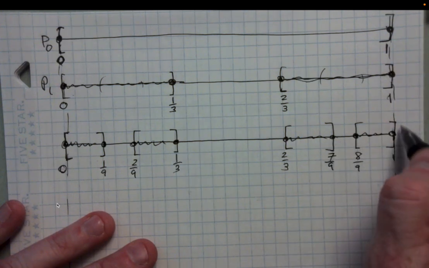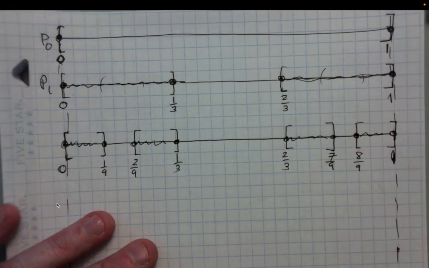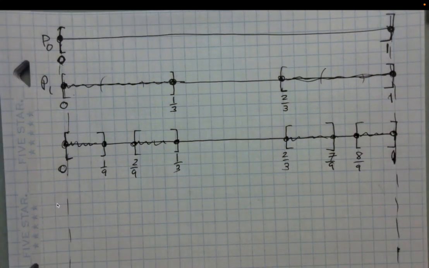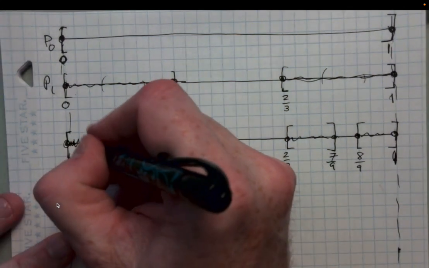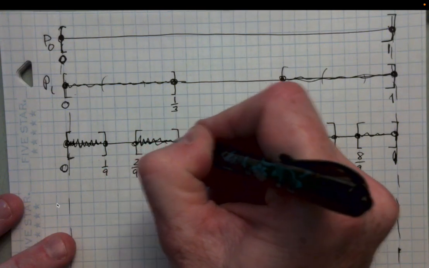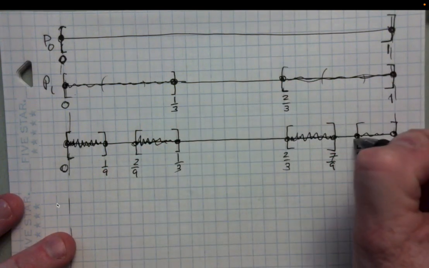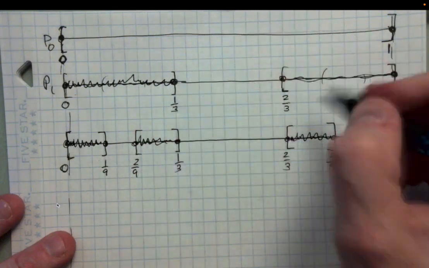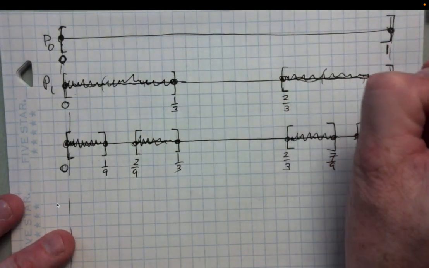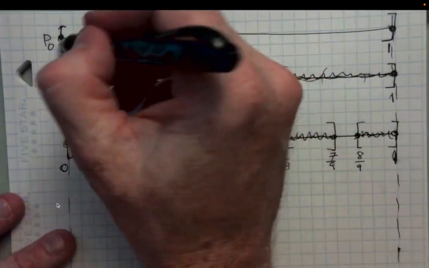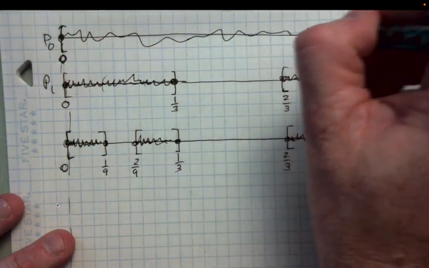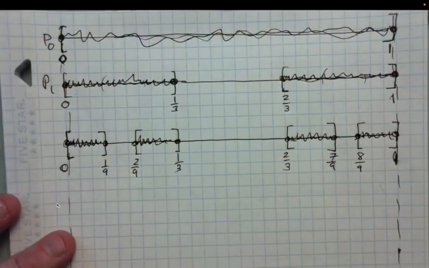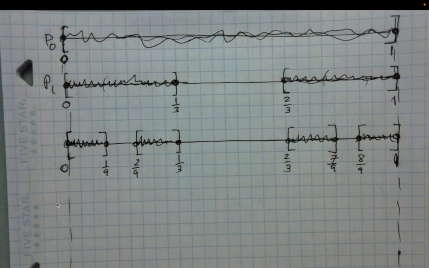And this is 1, so that's 9/9. So we've got this piece, this piece, this piece, and this piece, built up off of these two, which are built off the whole thing. I'll put this in there to make sure everybody can see. At each step, we're just shrinking it down.